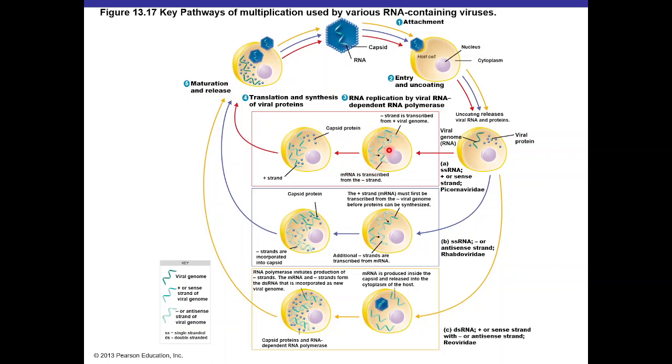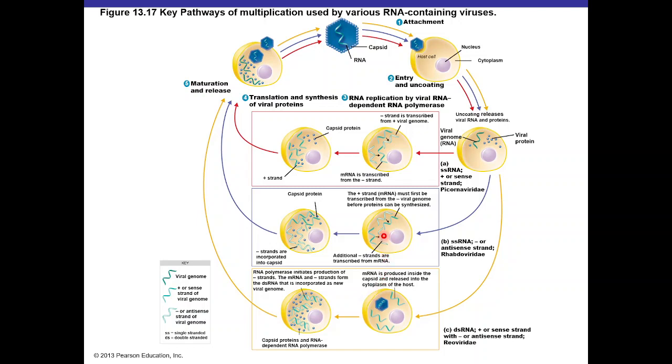And then they can make the proteins, of course, in the cytoplasm where you have the ribosomes, and they will make copies of the nucleic acid within the cytoplasm, and then they will mature, and then they will be released. So basically, for most of the RNA viruses, the maturation and the entry are the same, but there is a difference in where the viruses are made and how they are made.